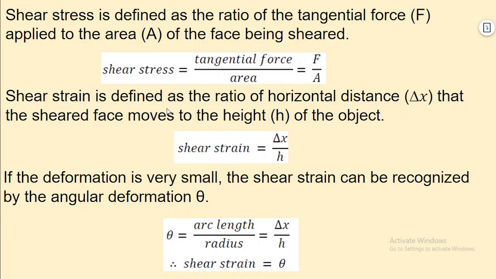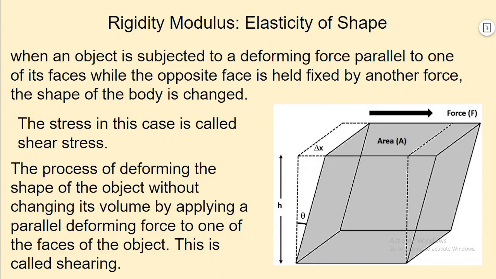The shear strain is defined as the ratio of the horizontal distance delta x that the sheared face moves to the height of the object.